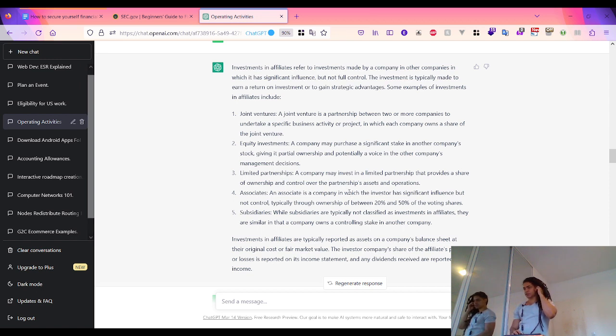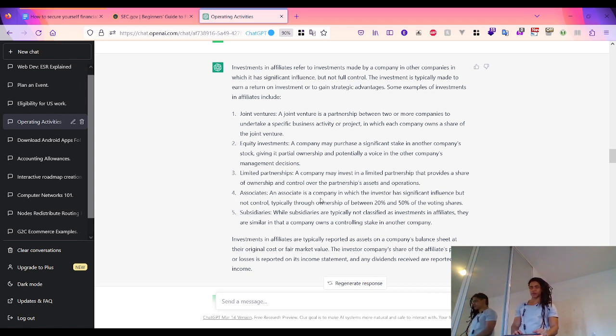Associates. An associate is a company in which the investor has significant influence but not control, typically through the ownership of between 20 and 50% of the voting shares. This is associates.